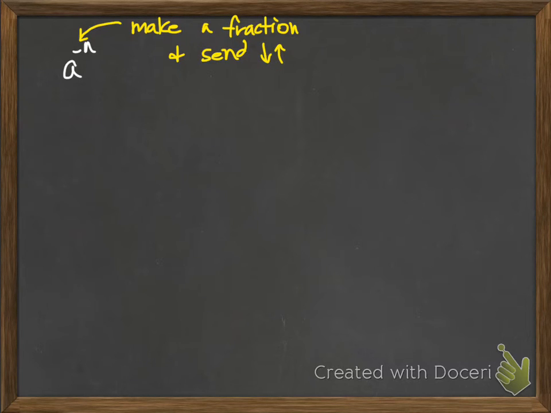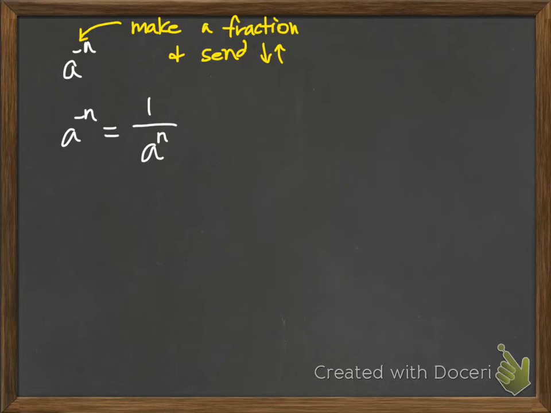Confusing enough? Okay, if you have a to the negative n, the negative puts it in the bottom. So a to the negative n is 1 over a to the n. So my negative goes away, and my a to the n goes to the bottom of a fraction.